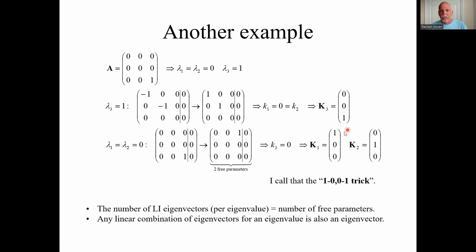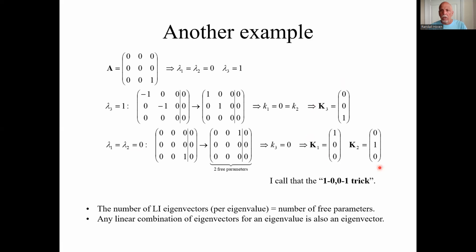In this case, I set K1 to 1 and K2 to 0. So I get 1, 0, 0. And in this case, I set K1 to 0 and K2 to 1. So I get 2 linearly independent vectors out of this repeated eigenvalue.